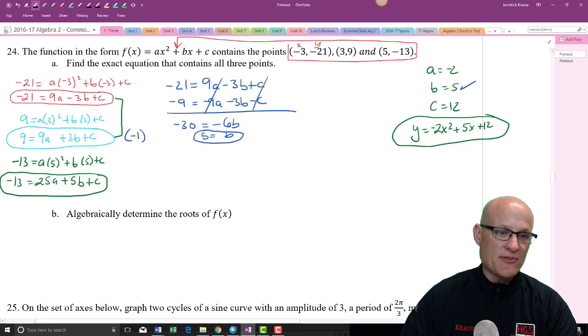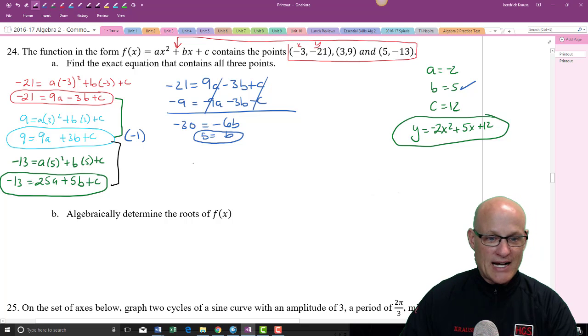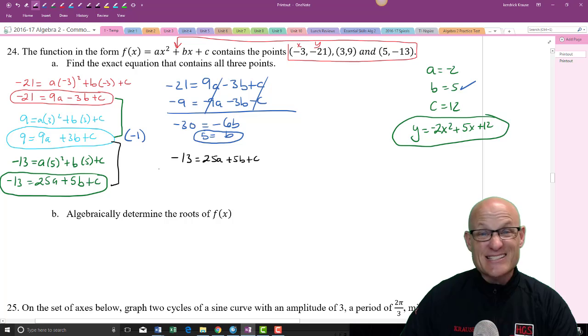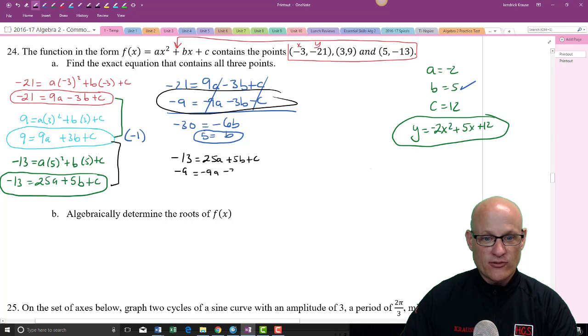Now we're going to do the same thing, but with these 2 equations. So I copy over the green equation, negative 13 equals 25A plus 5B plus C. And that same negated equation that I used earlier, negative 9 equals negative 9A minus 3B minus C. Notice C goes away again.